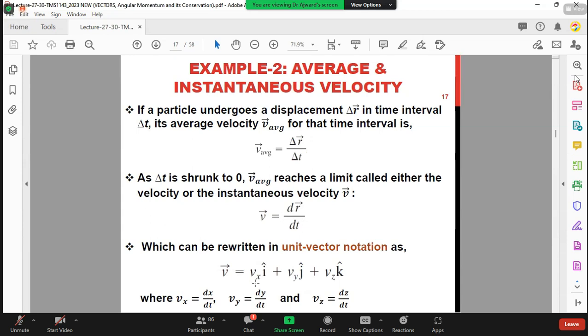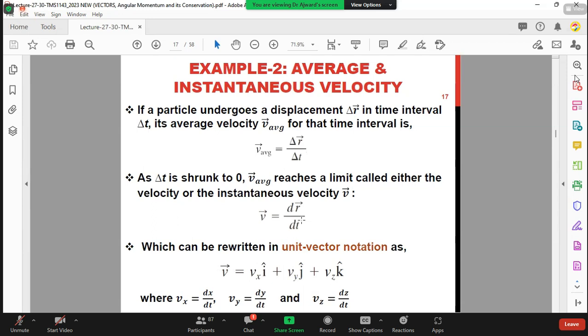And you can write it in the unit vector form like this, where Vx is dx over dt, Vy is dy over dt, Vz is dz over dt. So the velocity V can be written, R is the position vector or the displacement vector. Actually, the delta R is the displacement vector, right?